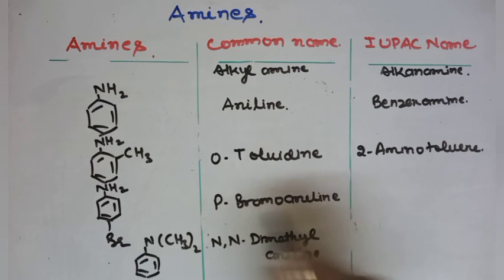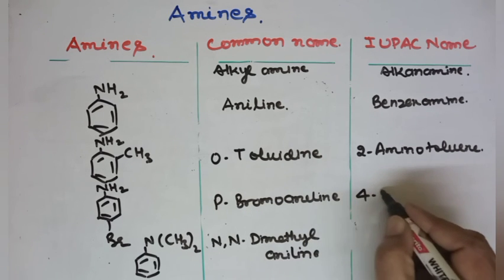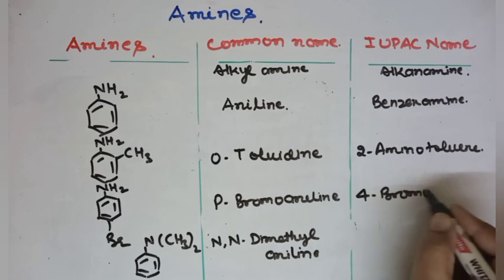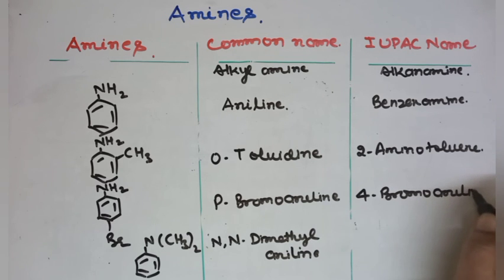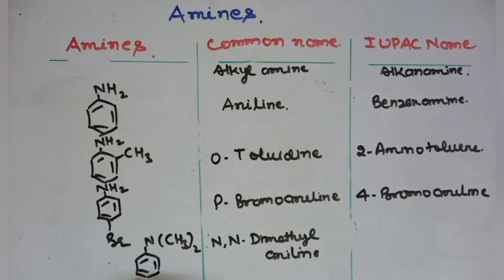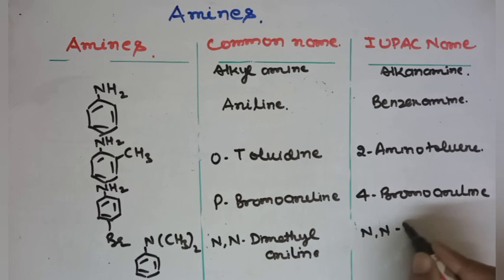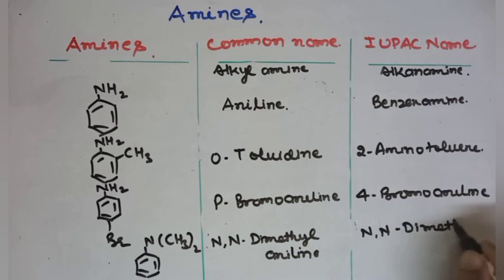So instead of para here we'll write 4-bromoaniline. And at last this aniline again has two methyl groups at N. So we write it as N,N-dimethylaniline.